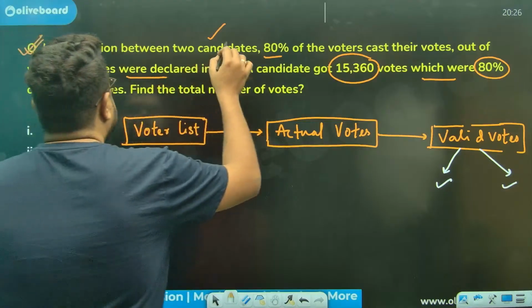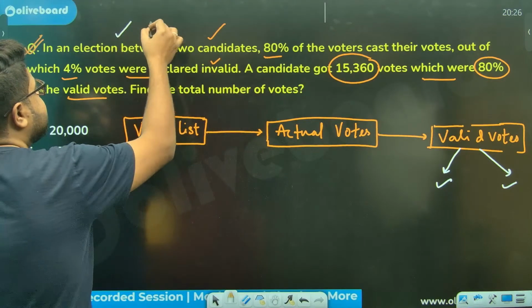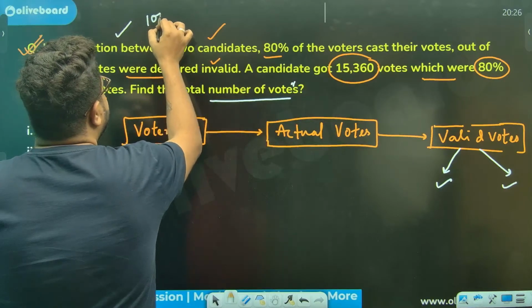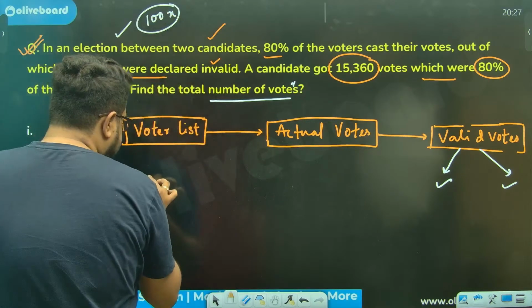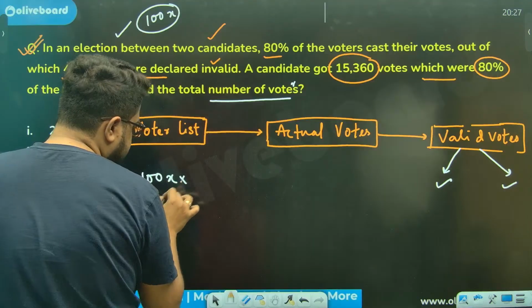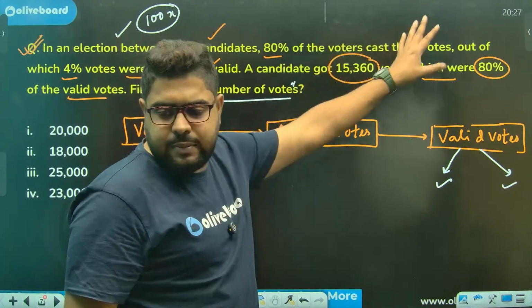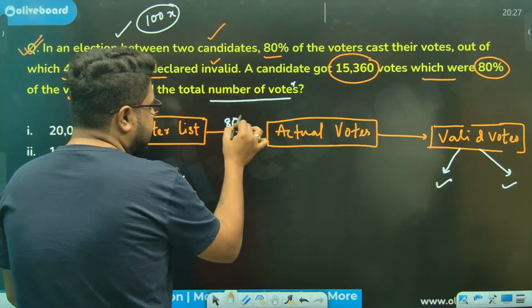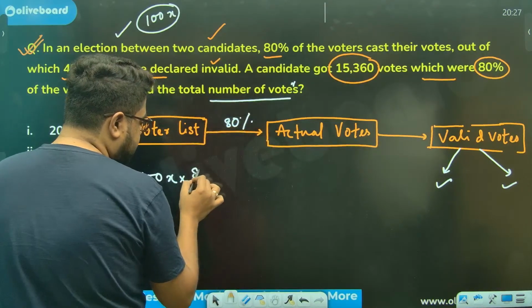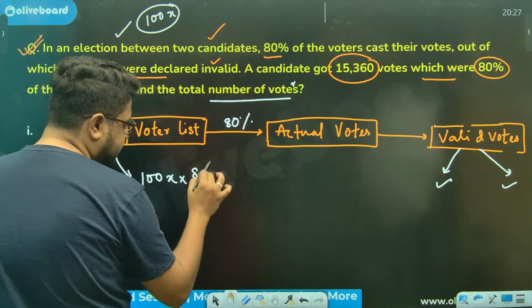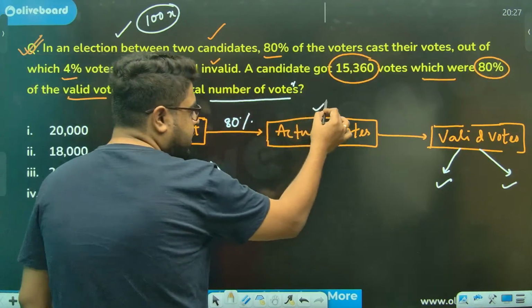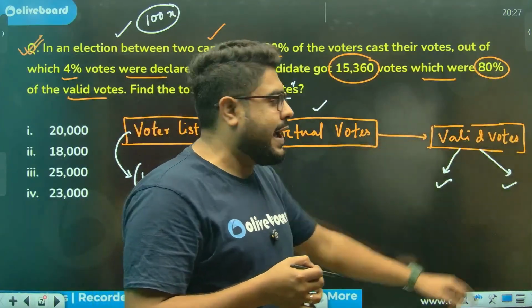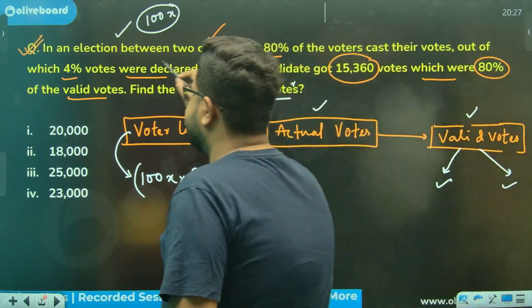Let's say the total number of voters is 100x. 80% of them actually cast their vote, so 100x into 80 by 100. This is the actual voters. Now out of them, not every vote is valid. So what will the valid votes be? 4% were invalid.